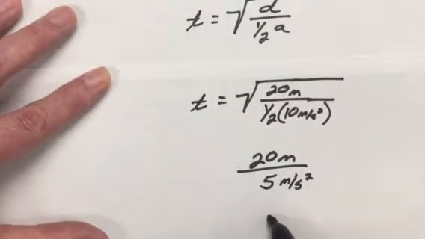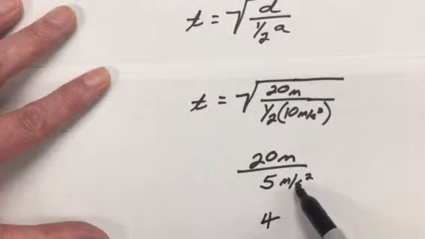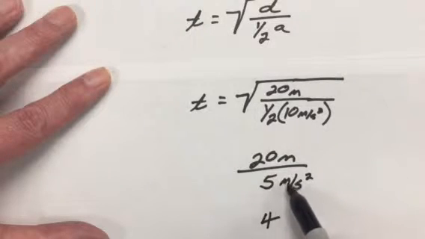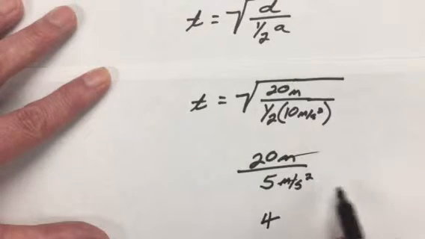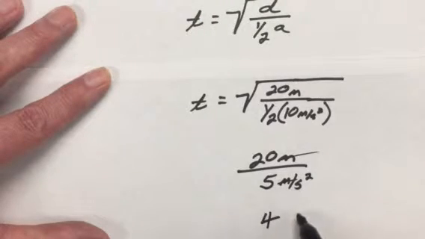And when you divide by a term that has a fraction in it, such as meters per second squared, you invert that and multiply. So ultimately your meters are going to cancel out, and that's going to leave you in seconds squared. So it's going to be 4 seconds squared.